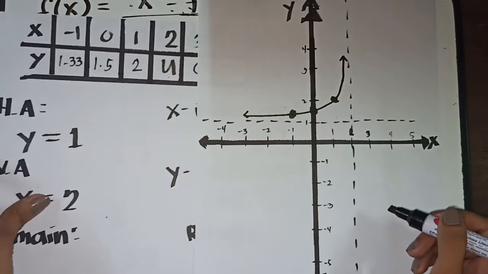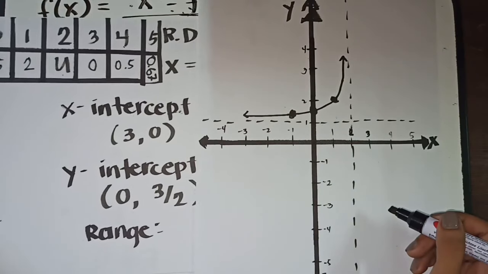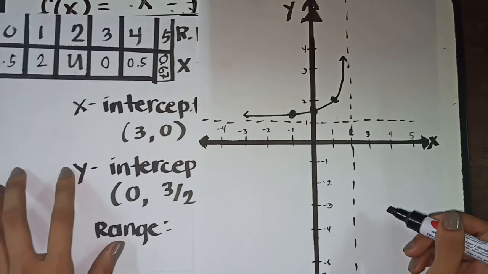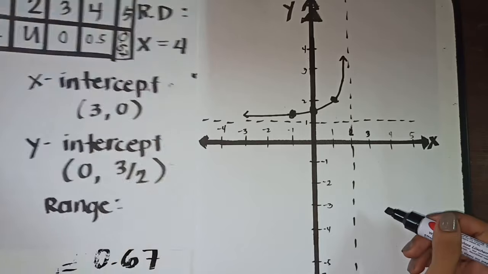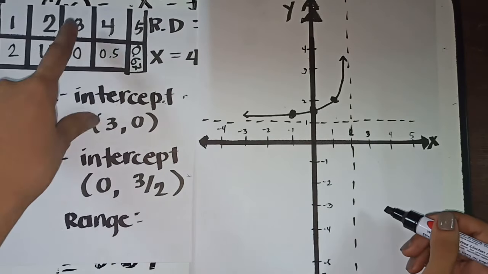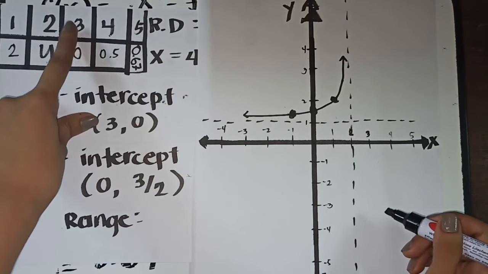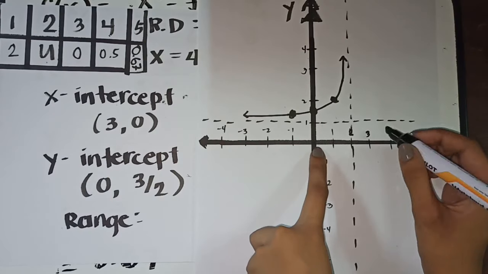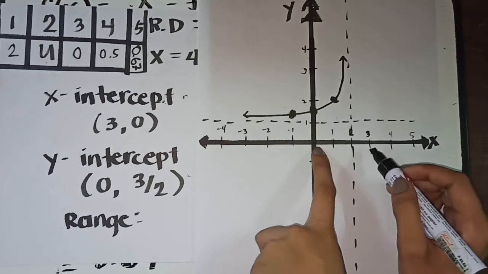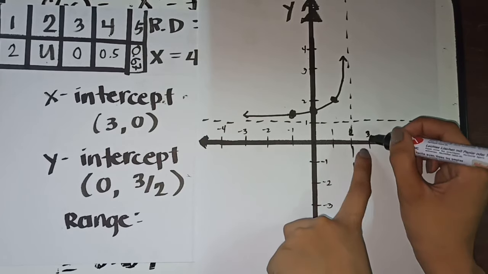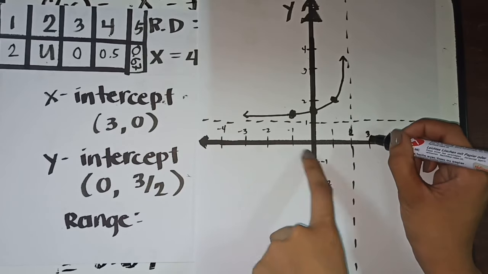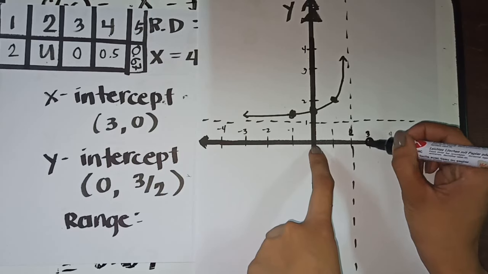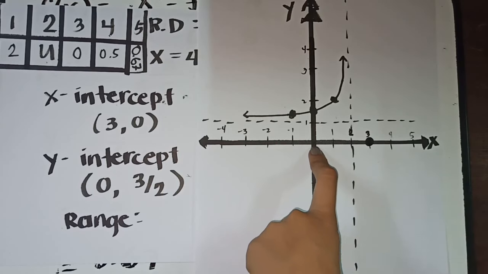Okay, so next. If the value of our x is 3, then y is 0. So, hanapin sa x-axis si positive 3 and hanapin sa y-axis si 0. So, nandito lang po siya sa mismong x-axis.